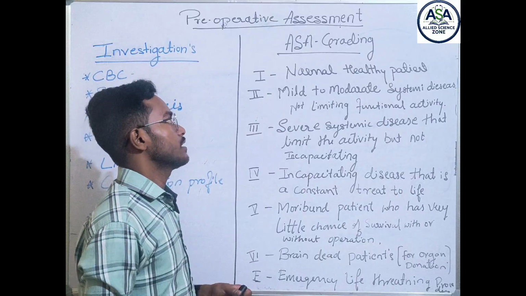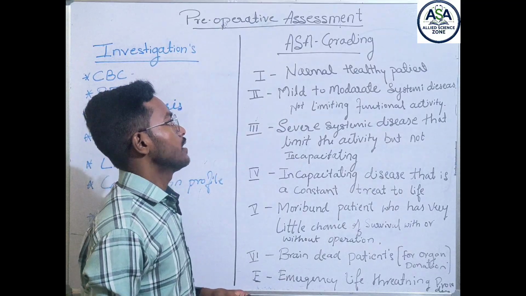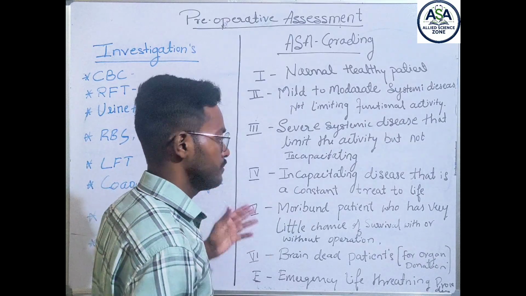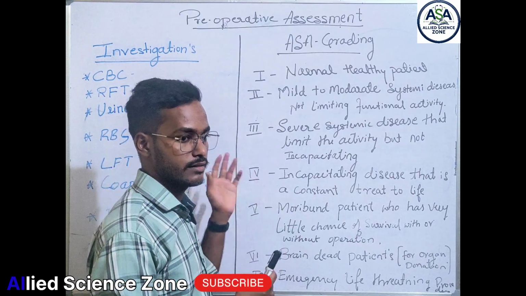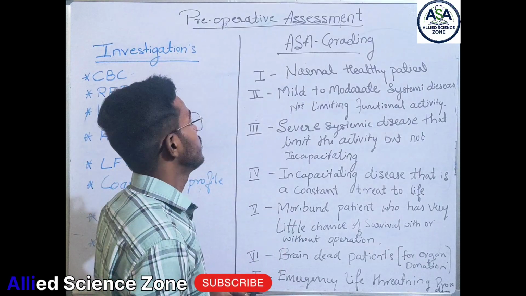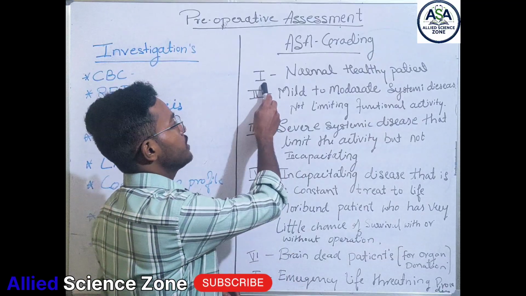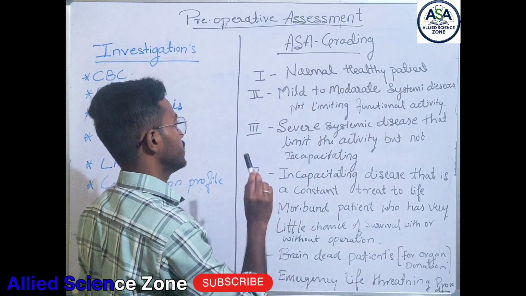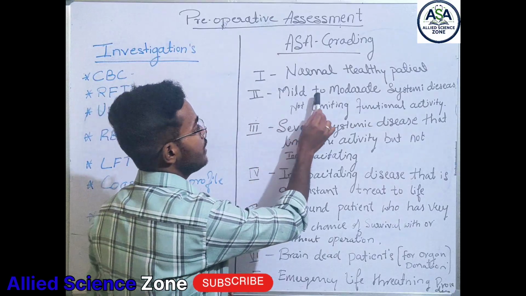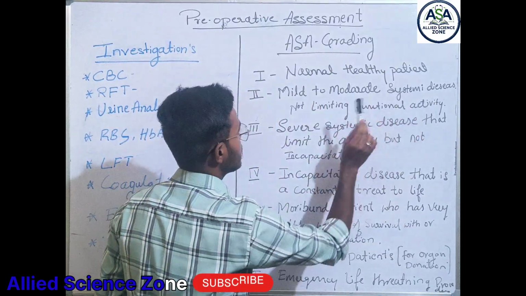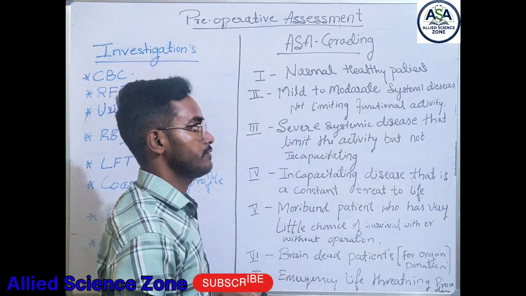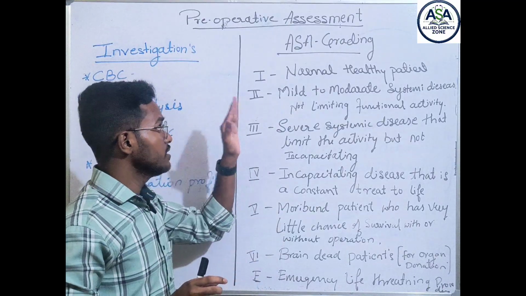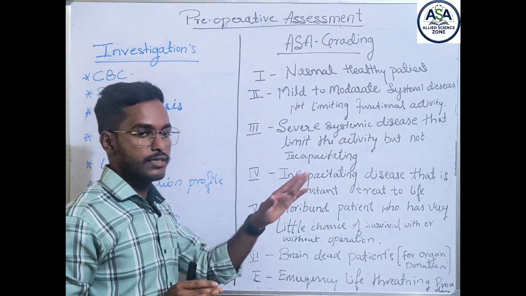They grade the patient's condition based on previous history or any condition. ASA 1 means a normal healthy patient. ASA 2 means mild to moderate systemic disease, not limiting functional activities.